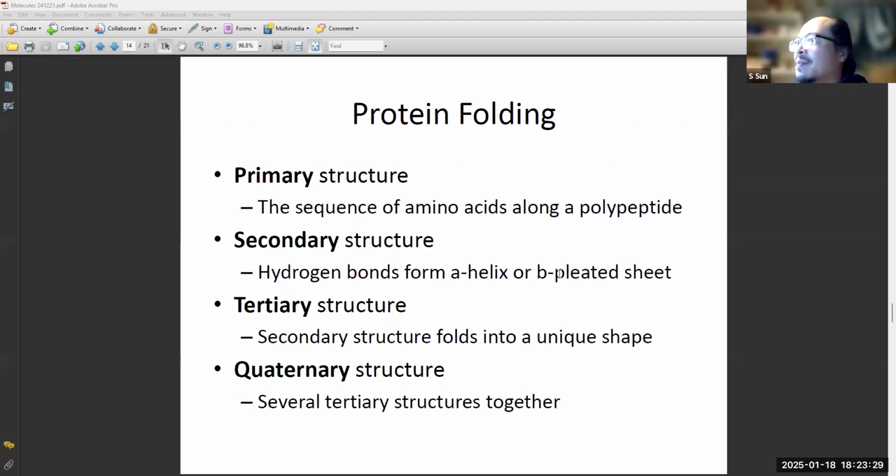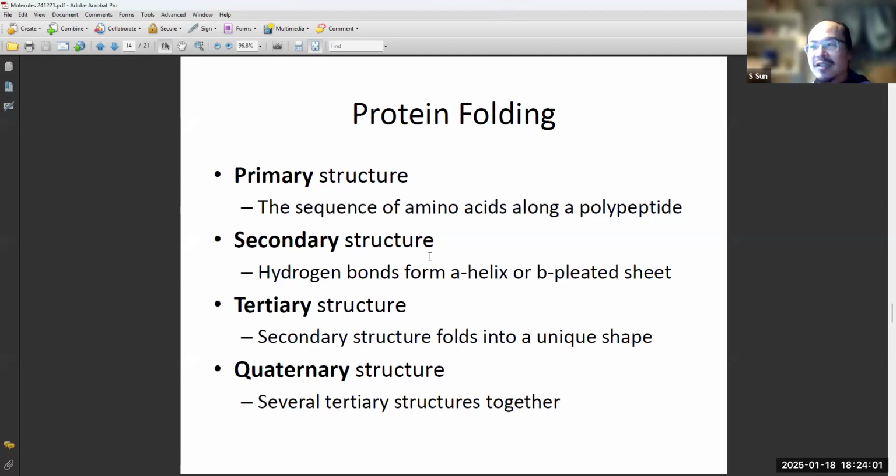Or a beta pleated sheet. So basically you can have the string lining up, and it will become a piece of paper sheet. So that is a secondary structure.